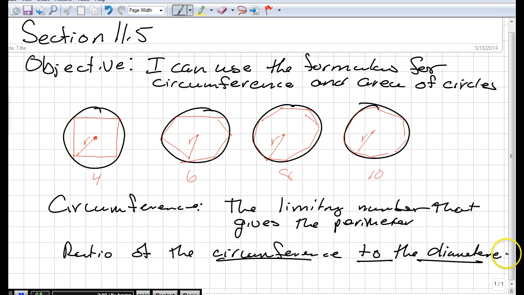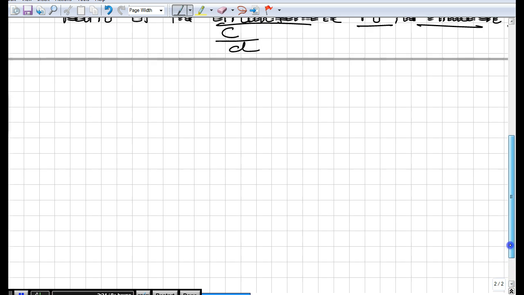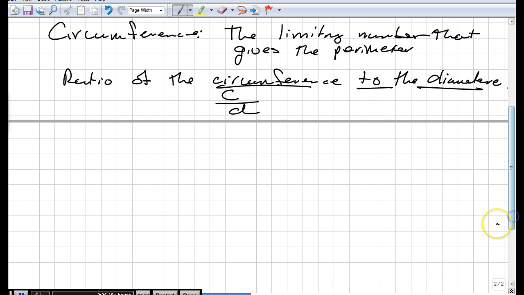In other words, C over D, that ratio. That ratio is a constant for all circles. So no matter what size circle, what the circumference and the diameter of the circle are, that ratio is a constant number for all circles.